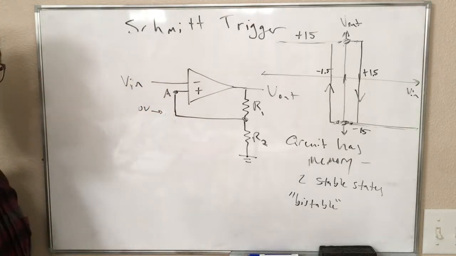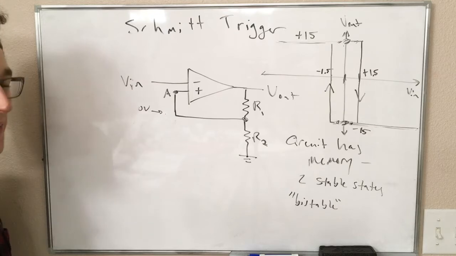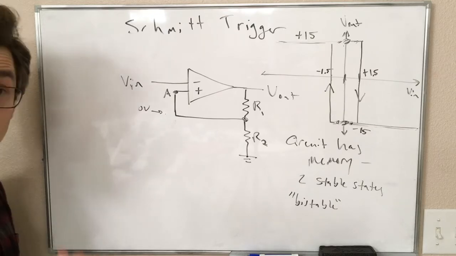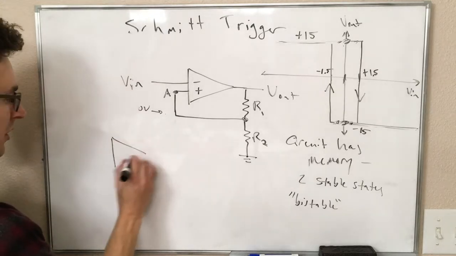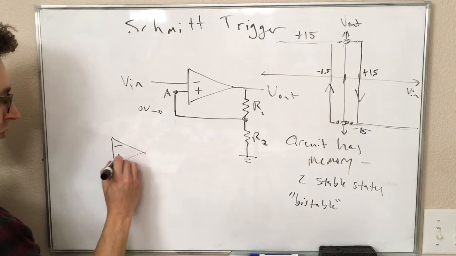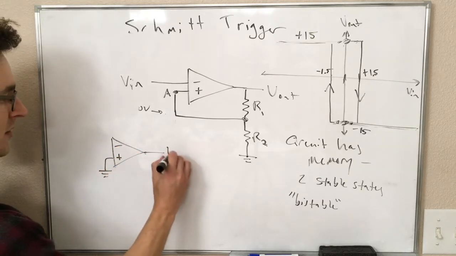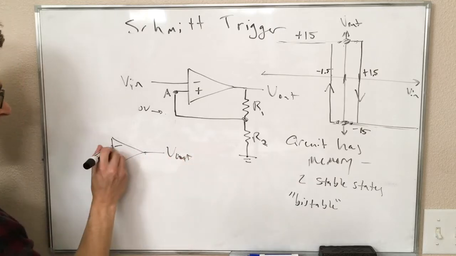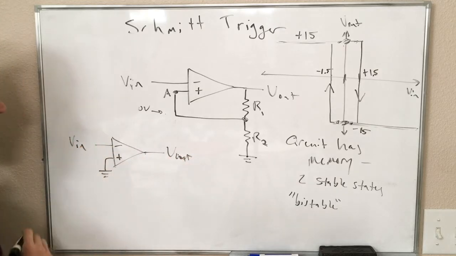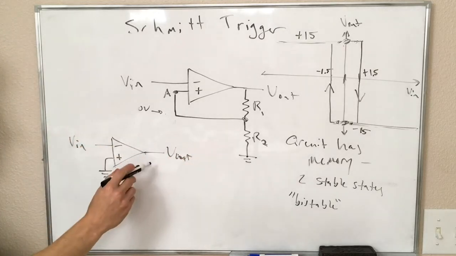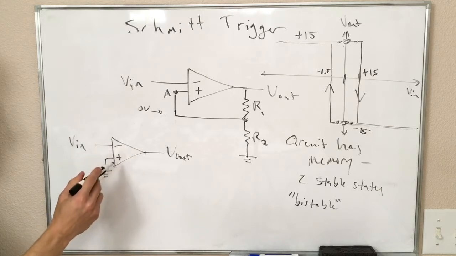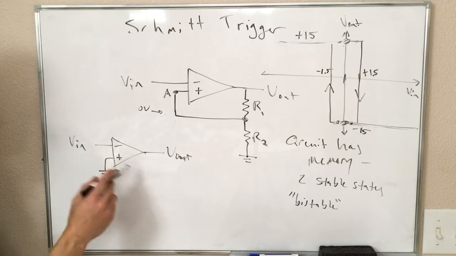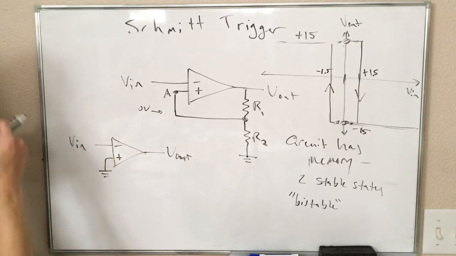I want to compare this circuit to our comparator circuit, which we looked at before. This was maybe our first op-amp circuit, where we have an input, we have an output, and this op-amp is giving us an output that depends on the input in a very simple way, right?